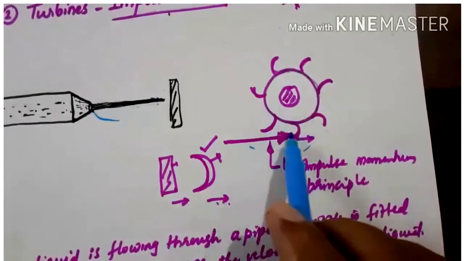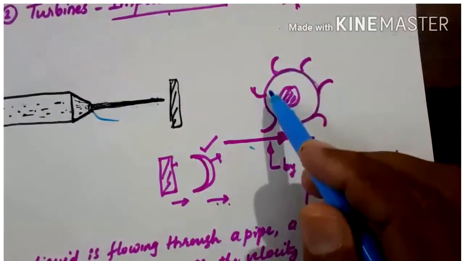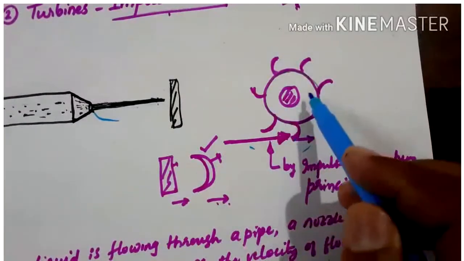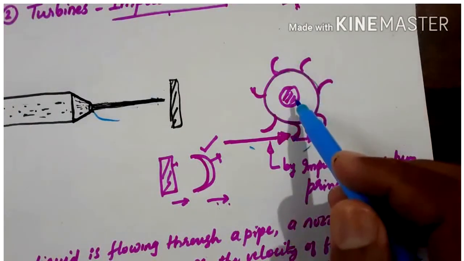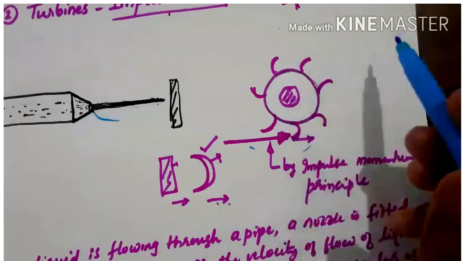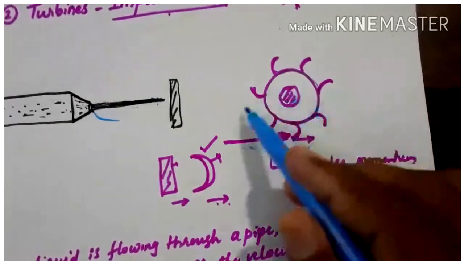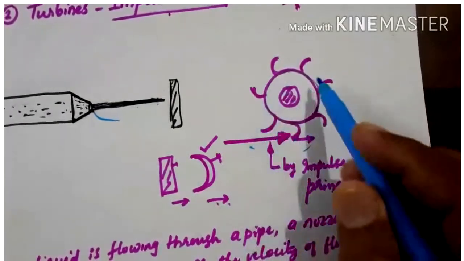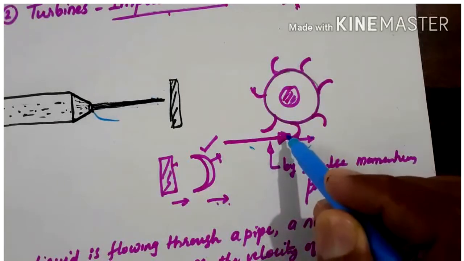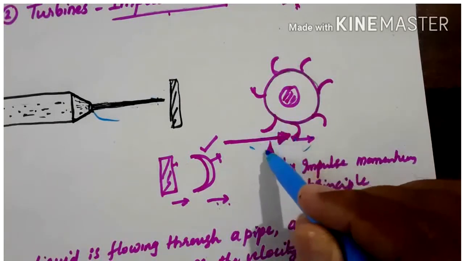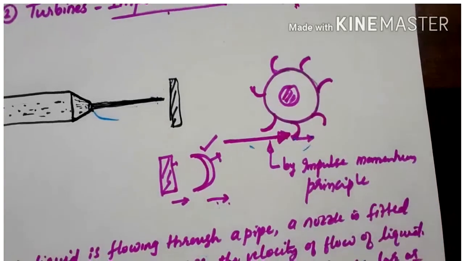So all these blades will receive the hydrodynamic force, hence the rotation of the impeller. Then the impeller is coupled with the shaft, and the shaft is coupled with the generator, hence the production of electricity. So this is the concept of impact of jet, and this hydrodynamic force is analyzed by using the impulse momentum principle.